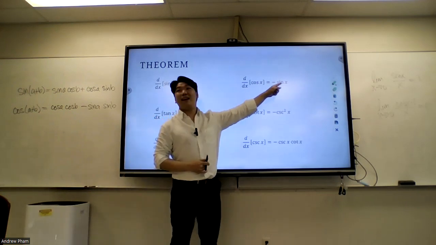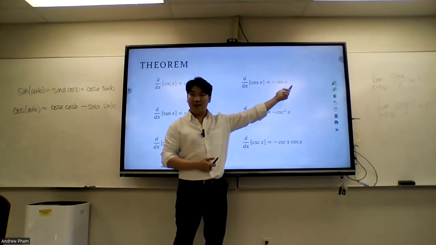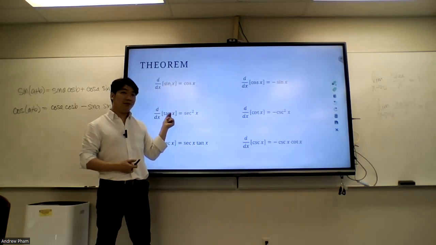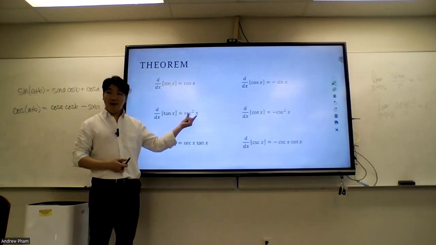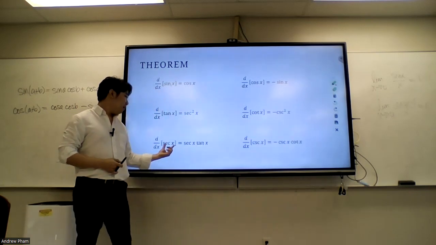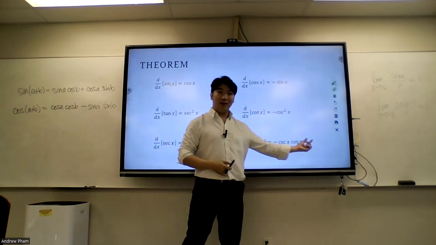If you want to think, cosine becomes sine, and it's negative. Same thing's happening for the second row. Tangent, cotangent. Secant squared, negative cosecant squared. Secant, secant tangent. Cosecant, cosecant cotangent.